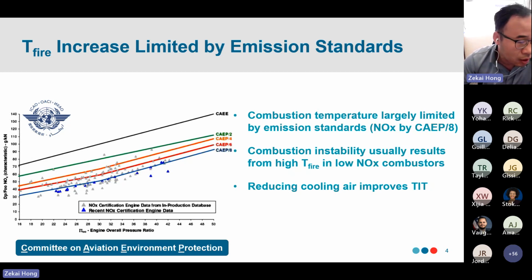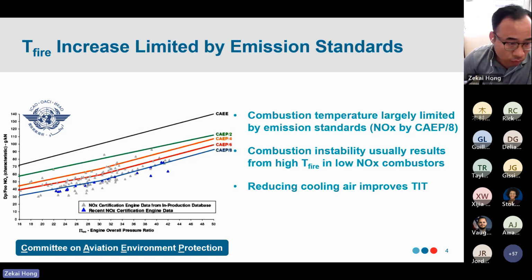As you can see, most of the modern engines barely meet the emission standards for NOx emissions. That basically says it's very hard to increase T5 anymore. So if we want to increase efficiency, it makes most sense to reduce the cooling air usage.